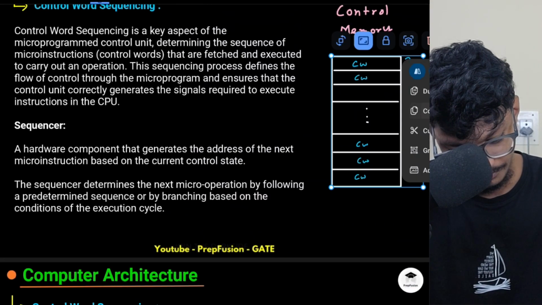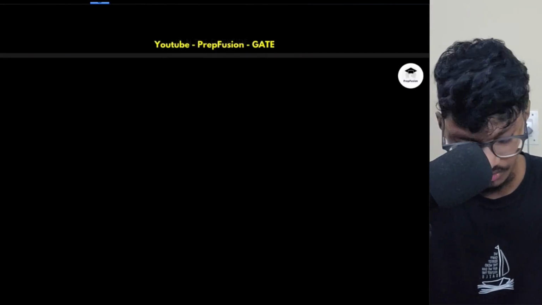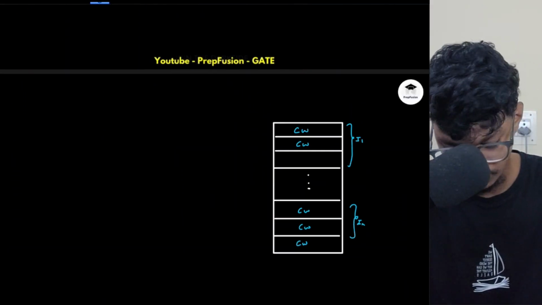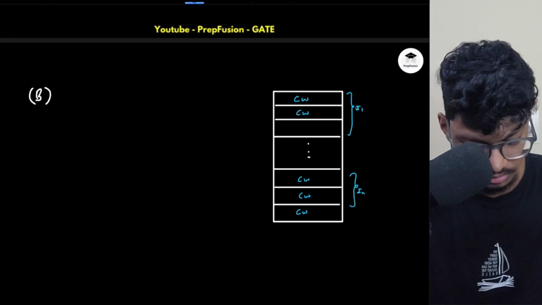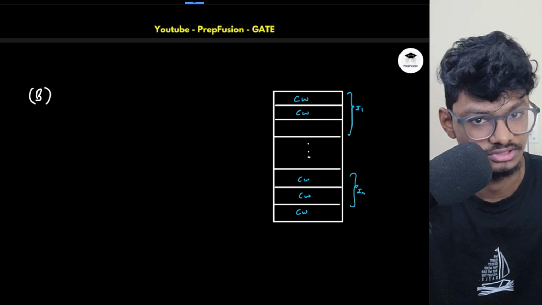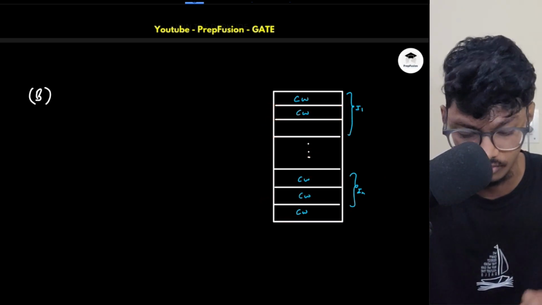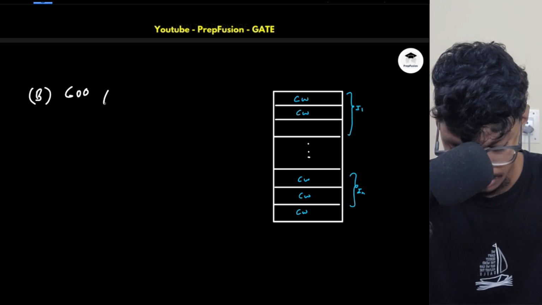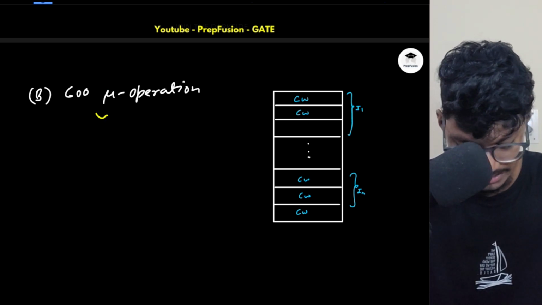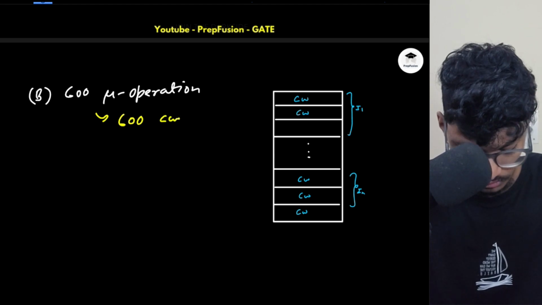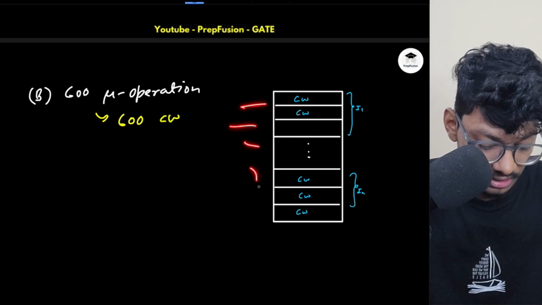I'll store my instructions like this. There are 600 micro operations, so I will have 600 control words. So I will need to store 600 control words, meaning 600 different addresses.